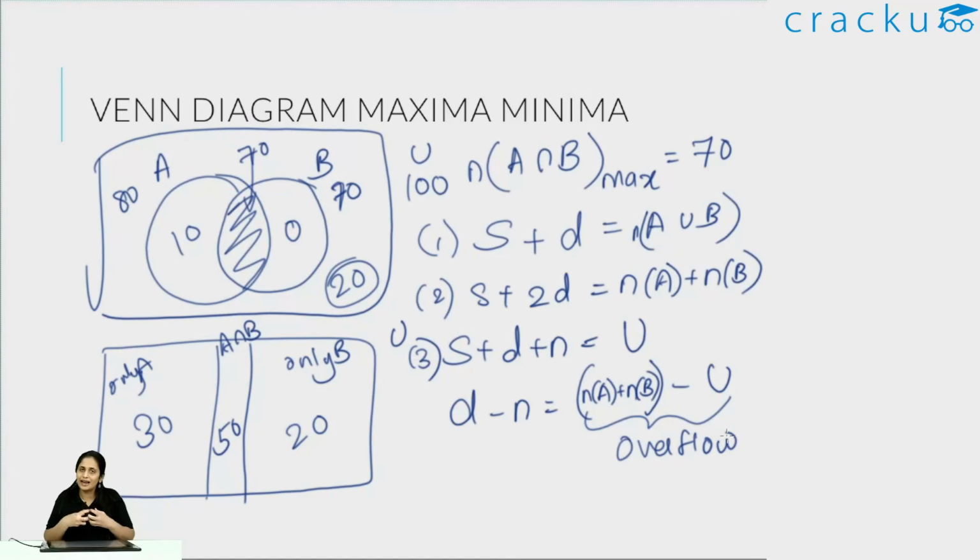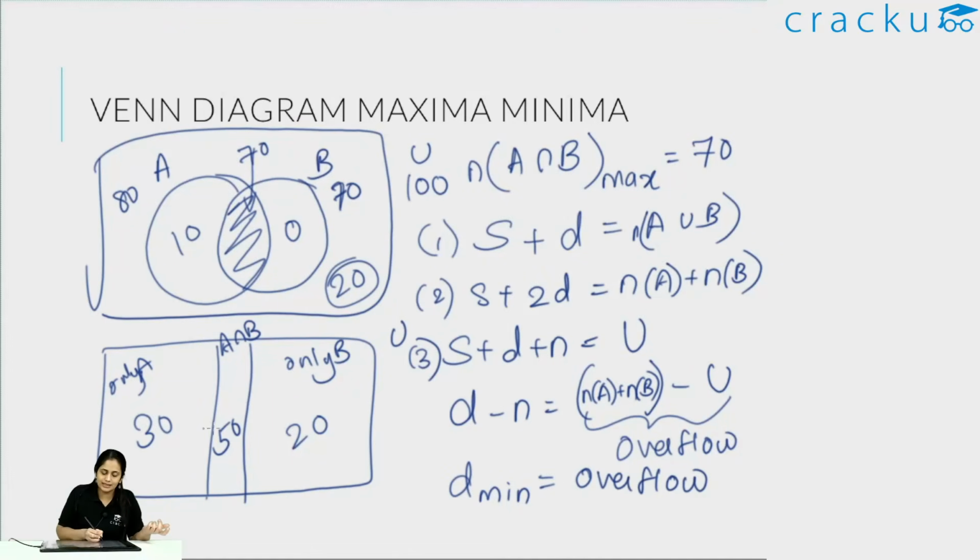But the fact that they are adding up to 150 indicates that 50 is the overflow, which is the minimum possible overlap. That means D min, that is the minimum possible overlap, is this n, that is not part of any set, plus this overflow as such. So D min will be equal to the overflow, which is what we found in this case, that is the minimum intersection is equal to 150 minus 100, that is 50.